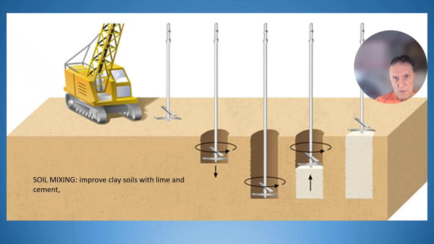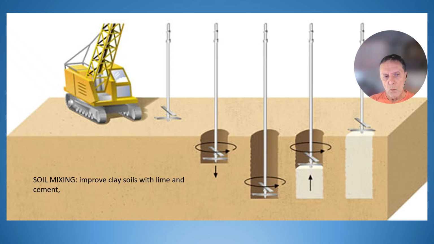Soil mixing. You may have very deep clays with high expansion properties. In other words, these clays may swell when water is added. So they're weak clays which undergo volume change from wetting and drying. So you want to improve that condition. How do you do that?